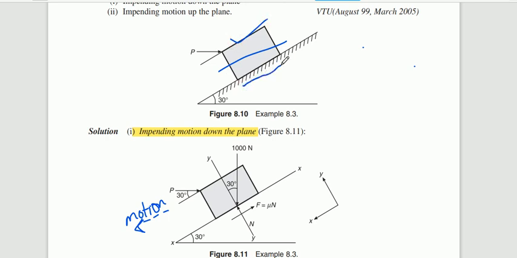So we are writing the friction force F here, and the F direction you need to show. This direction is based on this condition. Impending motion down the plane is nothing but our block moving downward. Therefore, the friction force always acts opposite to the direction of motion, so we have shown the direction like this.